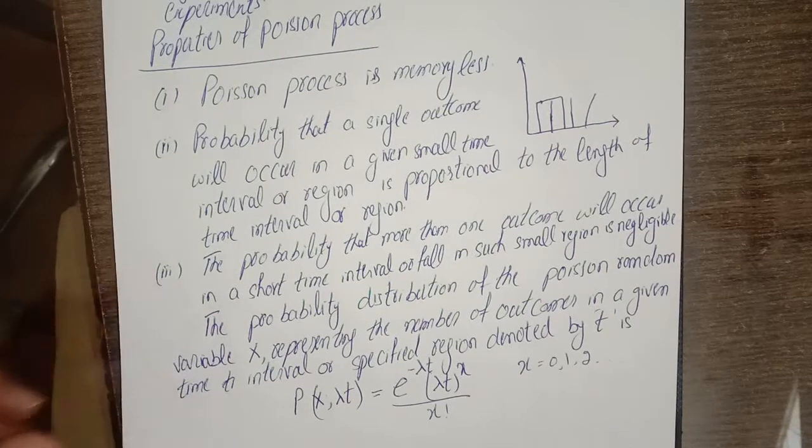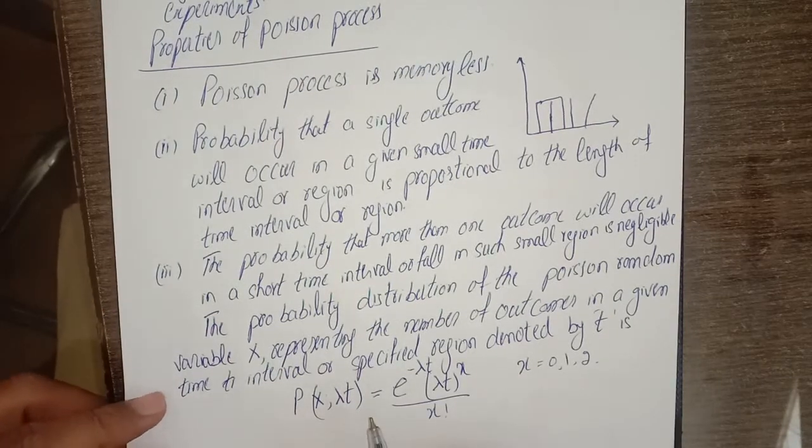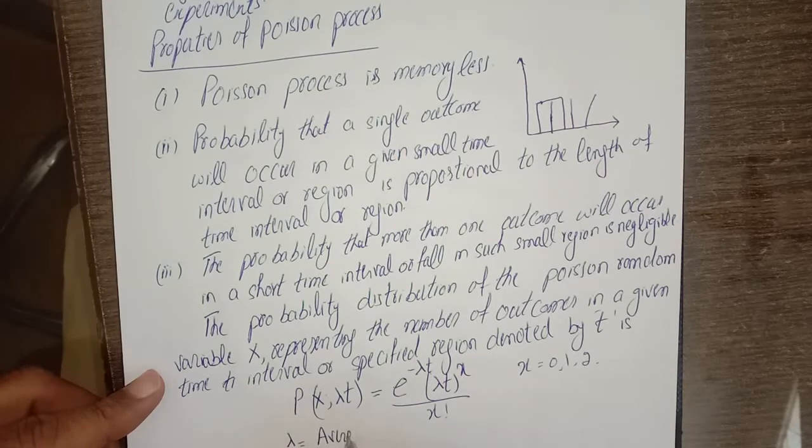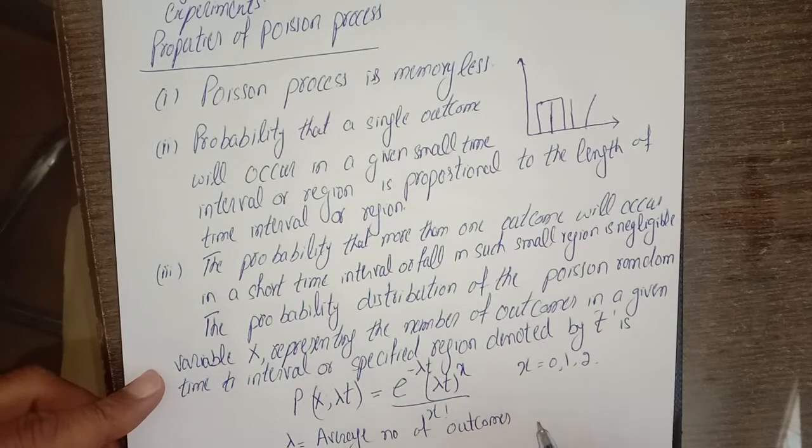This lambda is basically the average number of outcomes per unit.